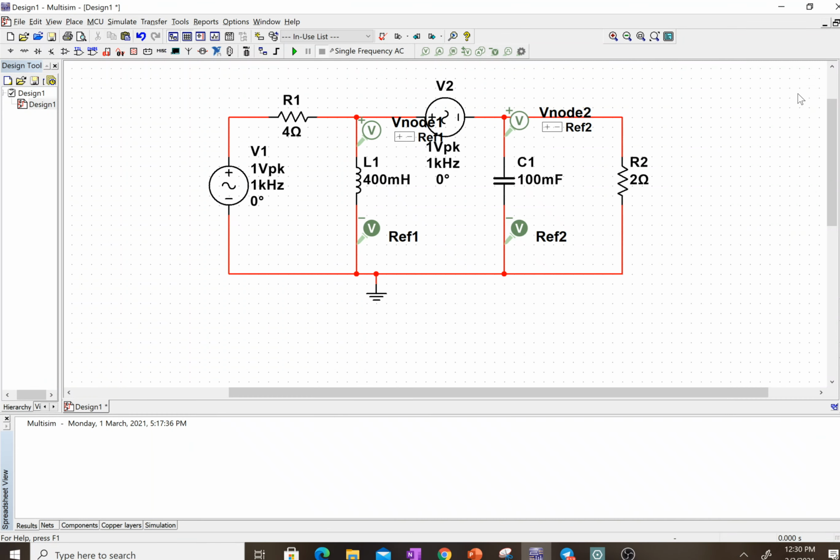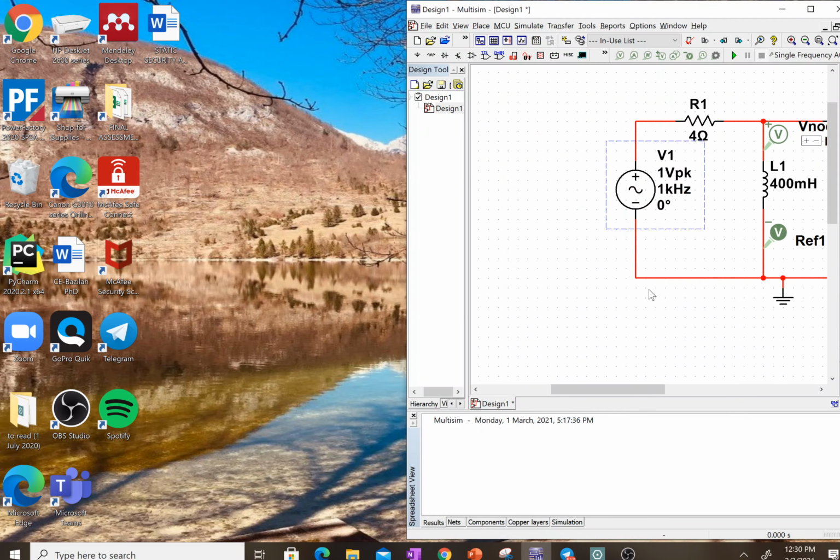Oh, I forgot. Before that, you need to set the voltage for the voltage sources V1 and V2.